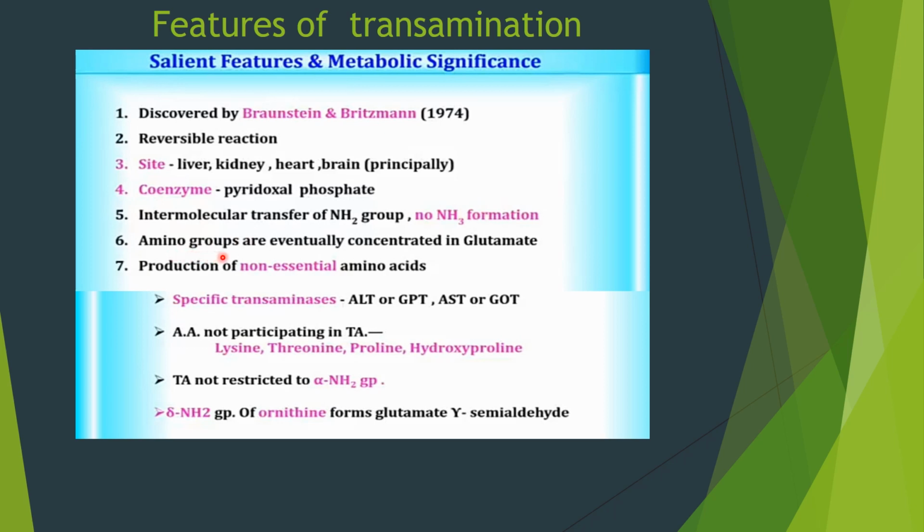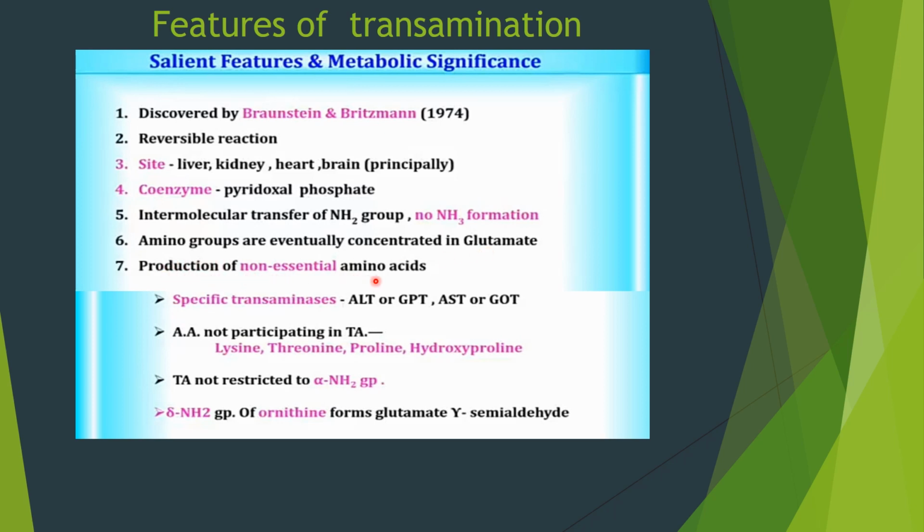The amino groups are eventually concentrated in glutamate. Glutamate acts as a storehouse of amino groups from various amino acids. Glutamate is the only amino acid that undergoes oxidative deamination and releases free ammonium ion. There is also the production of non-essential amino acids.